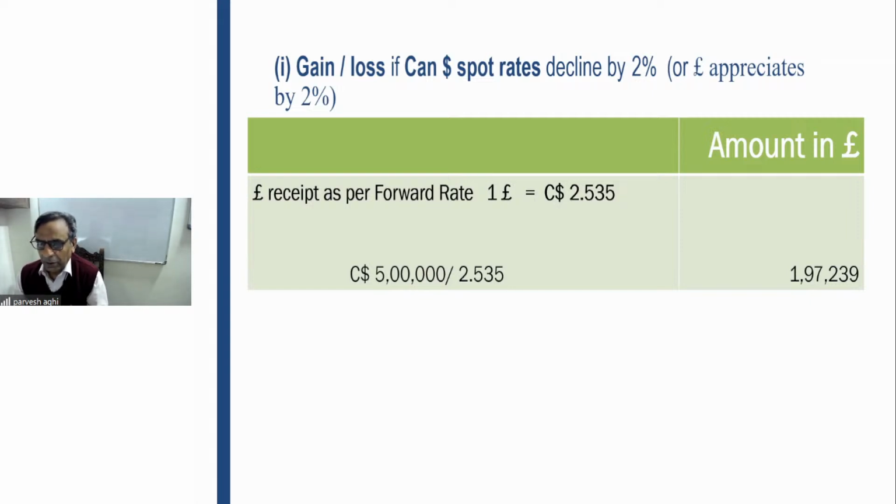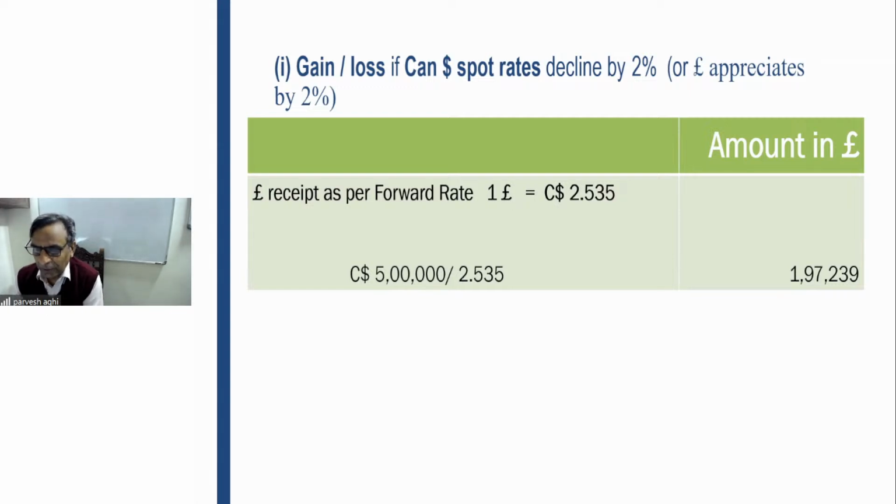That we'll be using on the 5 lakh Canadian dollars. So we get, he will be getting 1,97,239 pounds. So how did we do that? We took the forward rate. Now the forward rate is telling you that £1 is equal to so many Canadian dollars, but we need the quote for Canadian dollars. So Canadian dollar will be equal to pound 1 divided by 2.535.